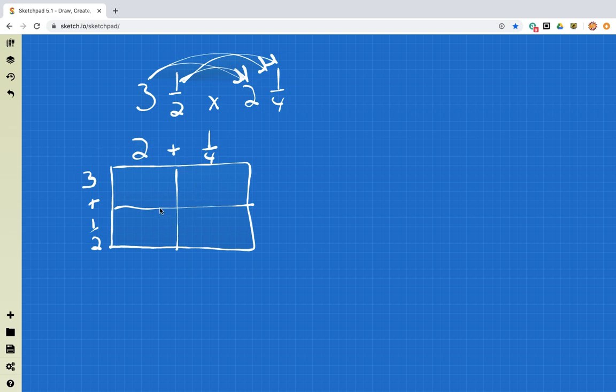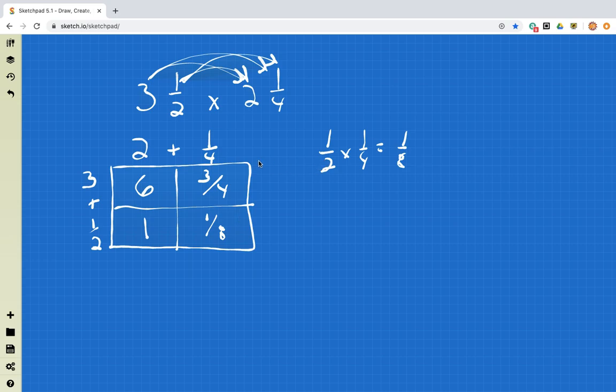Now I need to go through and multiply them each one at a time. 3 times 2 is 6. 3 times 1/4, 3/4. 1/2 times 2 is 2/2, which is just 1. And 1/2 times 1/4 is going to be 1/8.